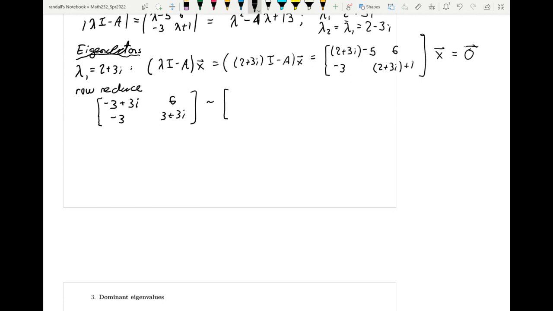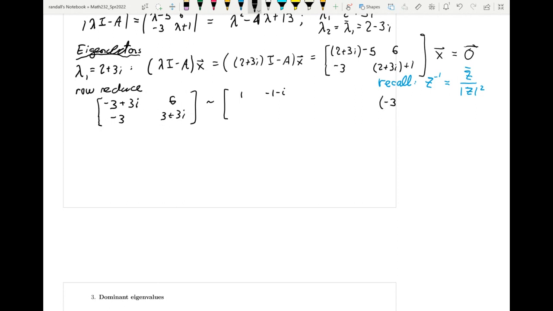I'm going to make my upper left corner a leading 1. So I divided the top row by minus 3 plus 3i. Let me just remind you what the inverse of a complex number is. Recall on the side here that the inverse of a complex number is the conjugate divided by the norm squared.